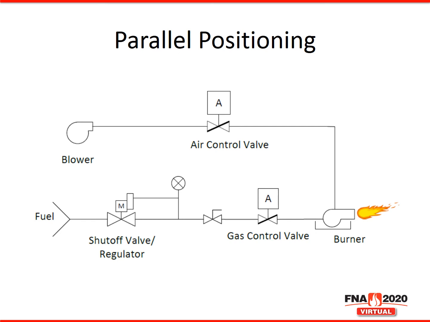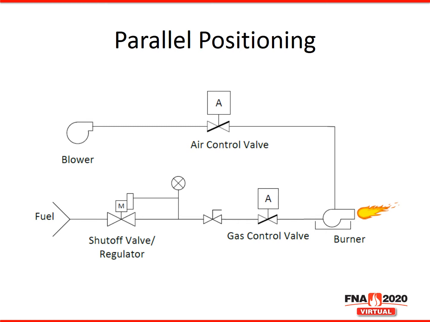Next control scheme is parallel positioning. With this arrangement, we now have a control valve on both the air and the gas. Based off of a firing rate, this control system will tell the air and gas control valve where to go. This system is an electronic air-fuel ratio control.